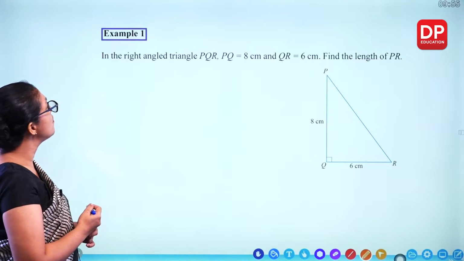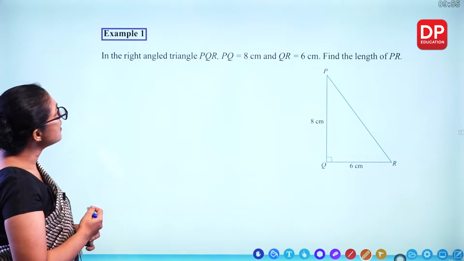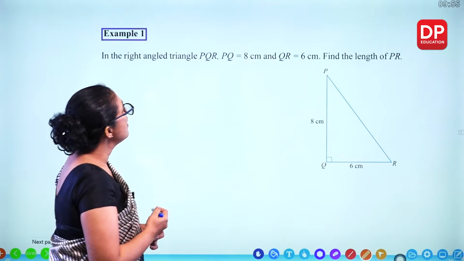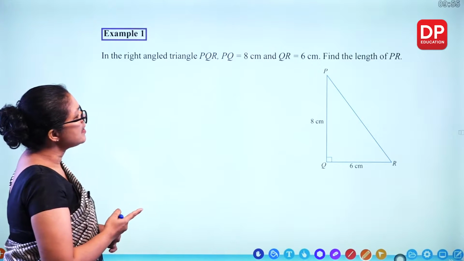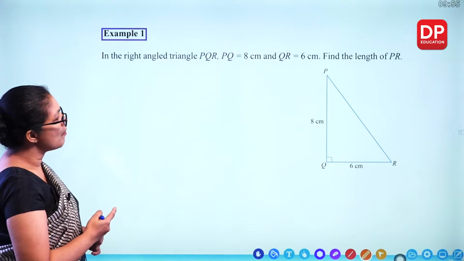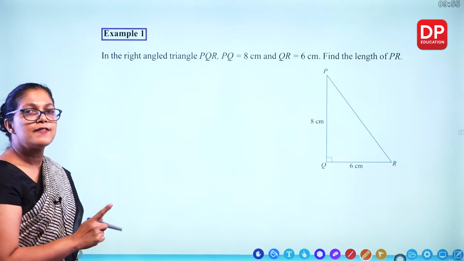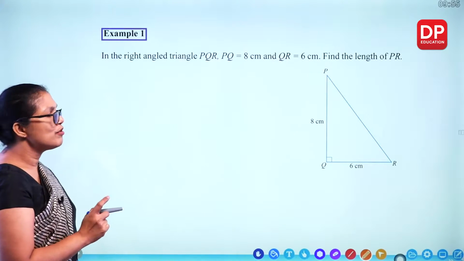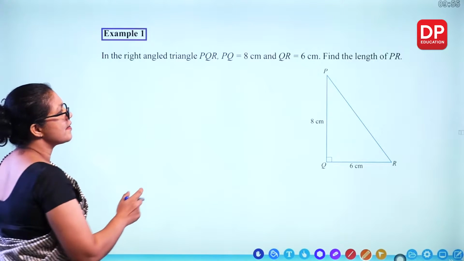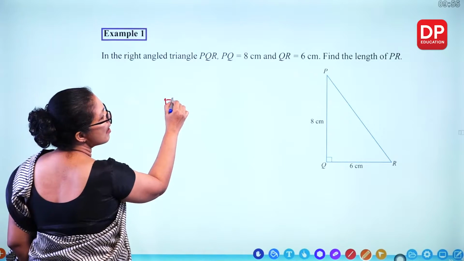Now we'll look at example number 1 in your textbook. In the right angle triangle PQR, PQ is 8 centimeters, QR is 6. Find the length of PR. This is a right angle triangle. You can use Pythagoras theorem. So what's PR squared?